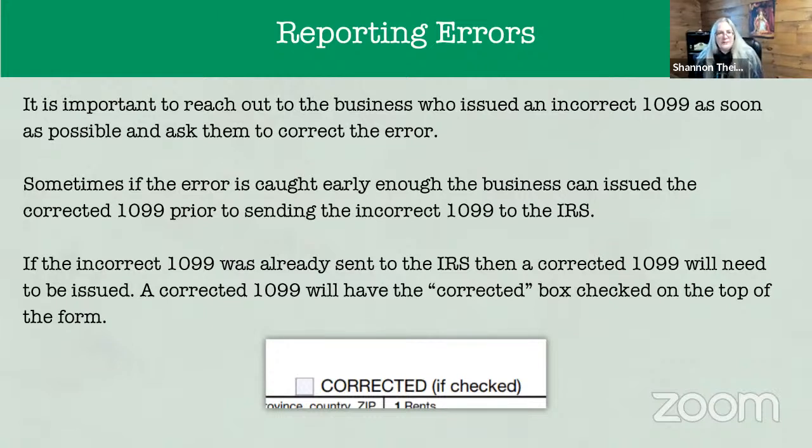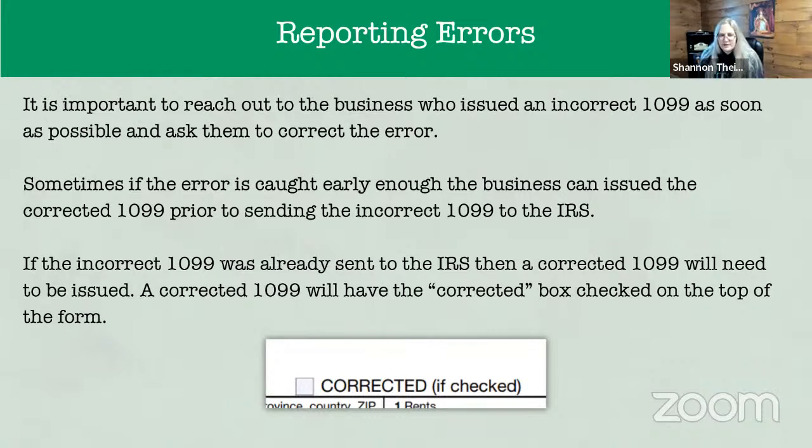Also, I just realized I was missing a slide. When you are making corrections, filing corrected forms, whether it's a corrected 1099 or a corrected W-2, it is required that you correct it in the same manner that the original was filed.